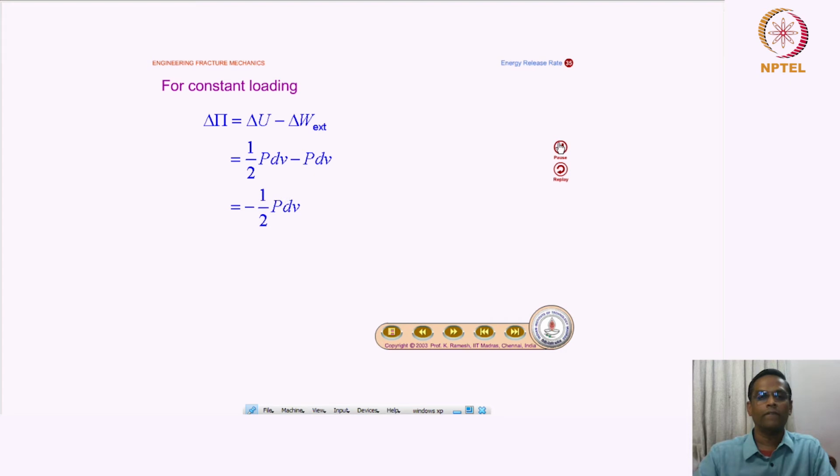So for delta pi, we have this expression, and V can be written like this. So we have to replace dV by this expression. Since it's a constant load, this term becomes 0, then dV is equal to P dC, and this becomes like this. So delta pi is equal to minus half P squared dC. That is the first idea.